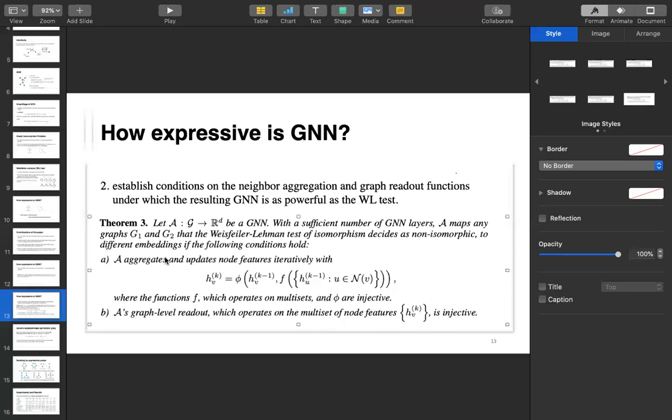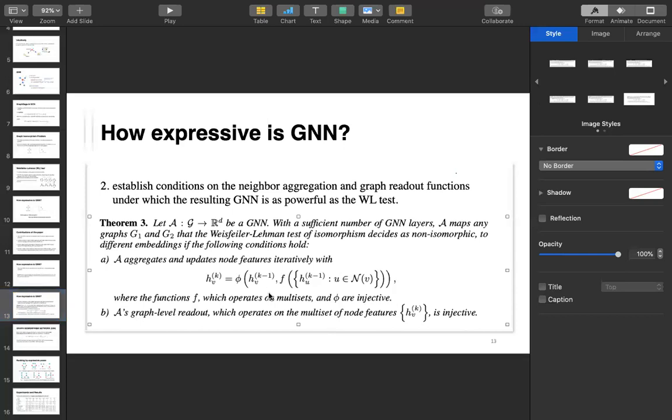This theorem proves that. So in that case, if the readout function must be injective, it means the function sum is not injective, right? Because it is many-to-one. So you're saying that an injective function is a one-to-one mapping relation. Yeah.